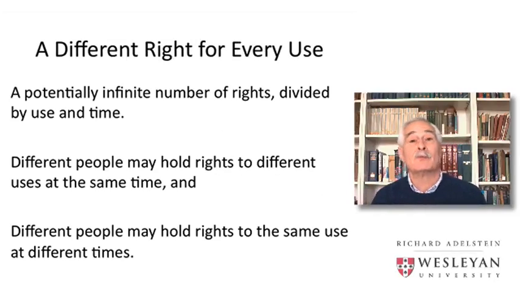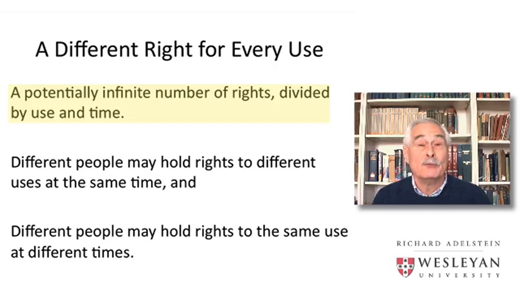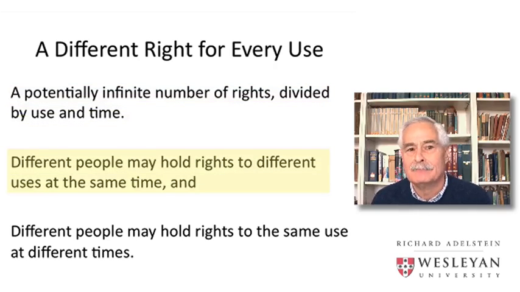So, to summarize what we've seen about the dorm room, associated with the dorm room, in the new view of property, are a potentially infinite number of property rights, each one associated with a different use of the room, and each one associated with a different moment in time.